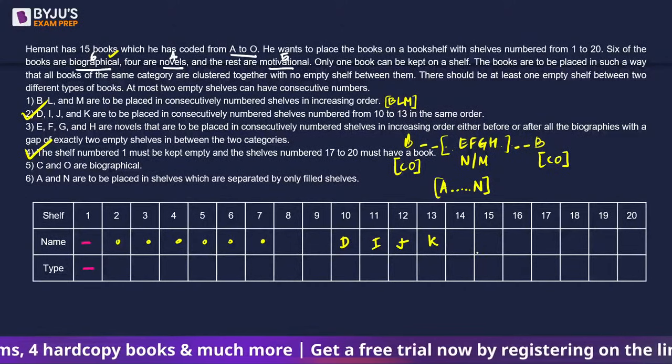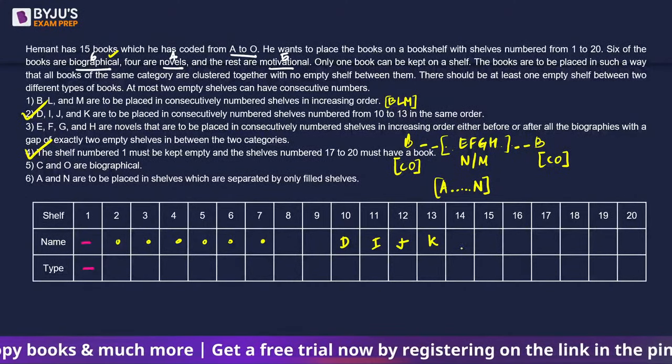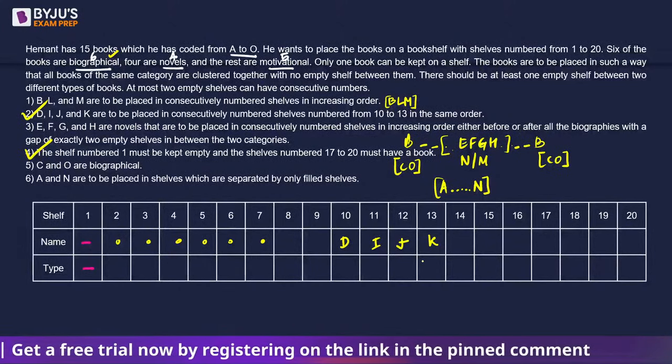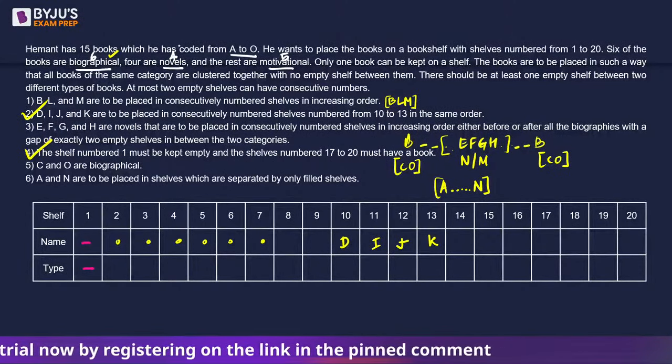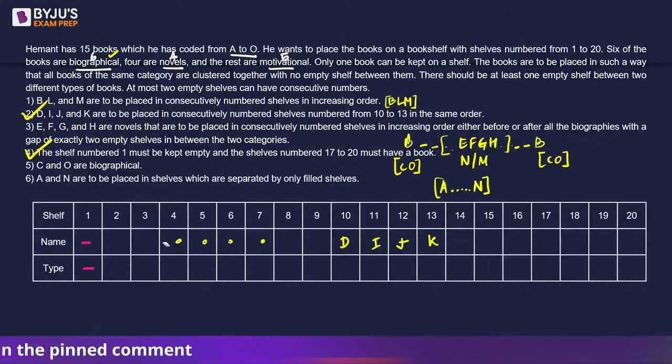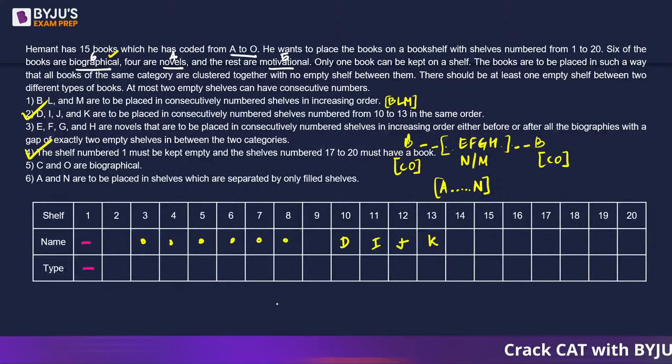Now if we put EFGH along with DIJK, so there will be 8 books, isn't it? That doesn't make sense because we do not have any type of book which is 8 in number. So we cannot have biographies from 2 to 7. What if we shift it a little bit? What if we say that these are the 6 biographical books that we are going to have?